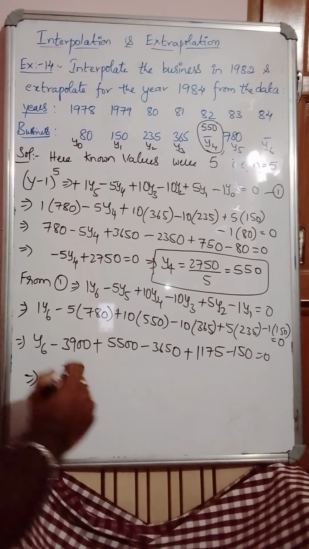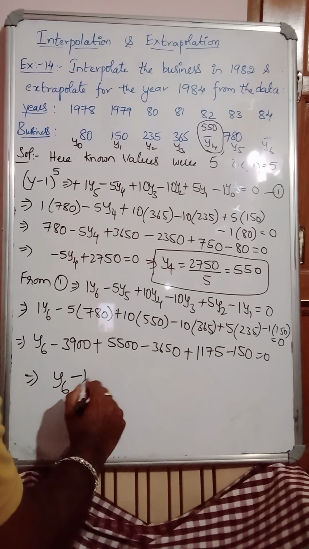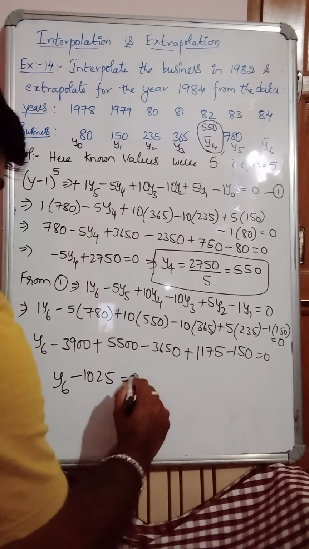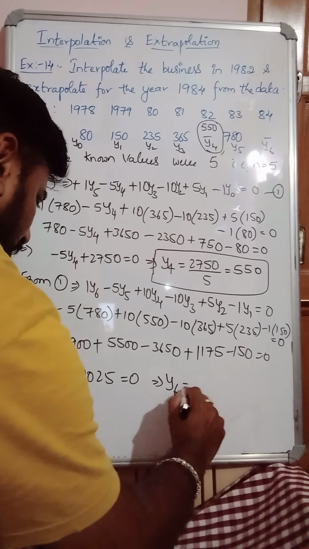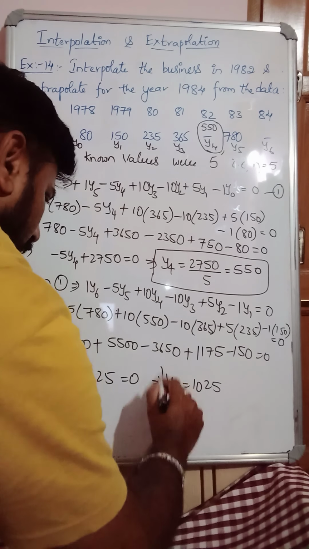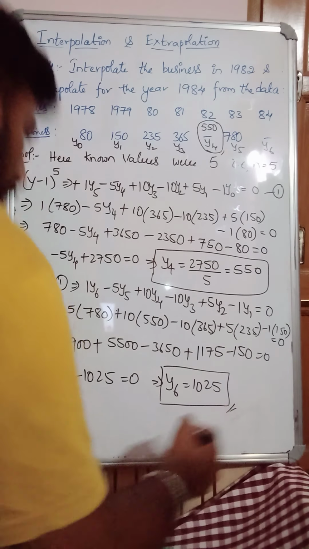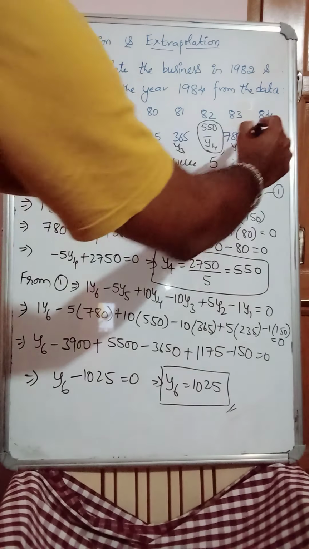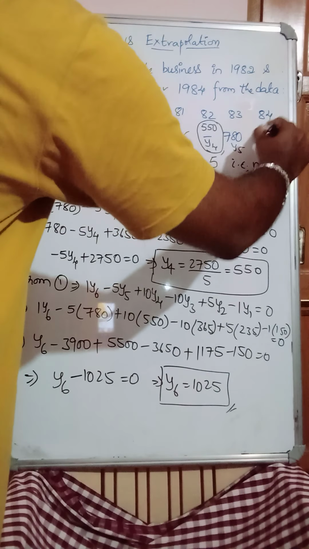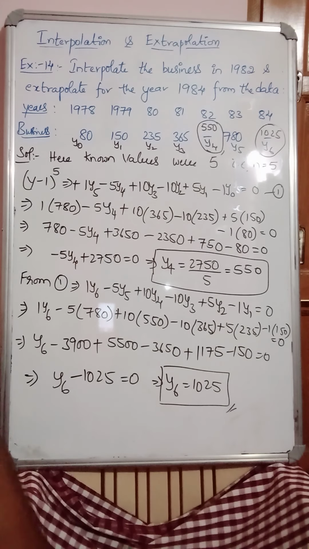You'll be getting minus 1025. Therefore, y6 equals to 1025. Here the value is 1025. This is how the extrapolating value need to be calculated.